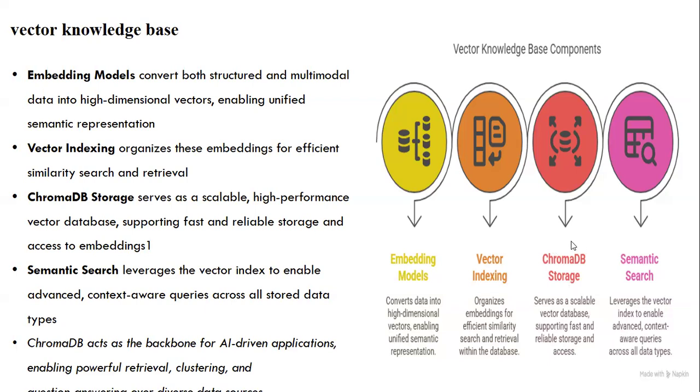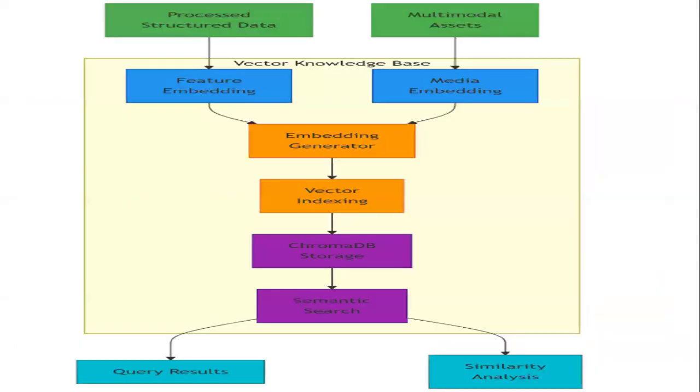Here we store the data, and what is the purpose? It is helpful in semantic search. Semantic search leverages the vector index to enable advanced context-aware queries across all stored data. After this vector database, now our data is in the format of numeric vectors.